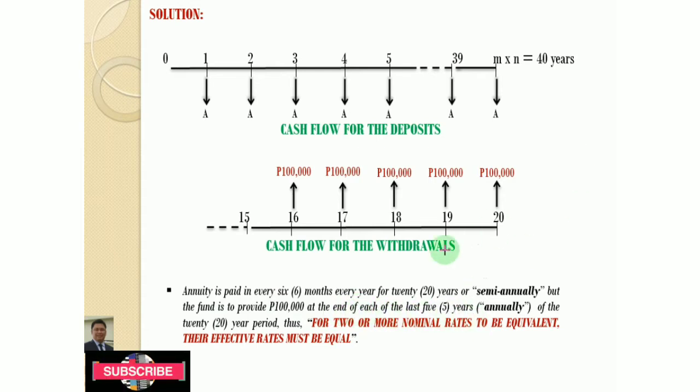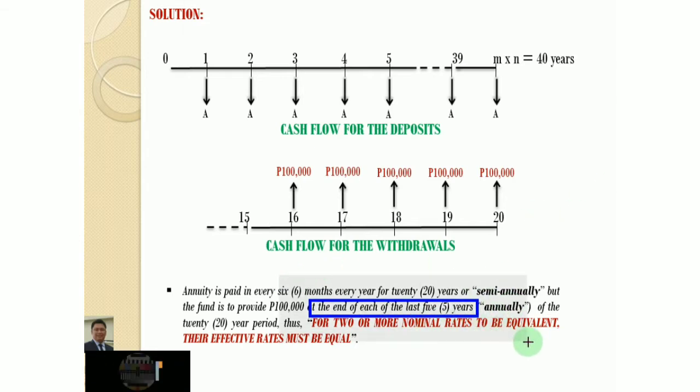So take note of this, at the end of each of the last 5 years, meaning this is referring to annual compoundings. That is why we have here from the 16th until the 20th year. Okay, so for 2 or more nominal rates to be equivalent, their effective rates must be equal, since we are dealing here with semi-annual and annual compoundings.